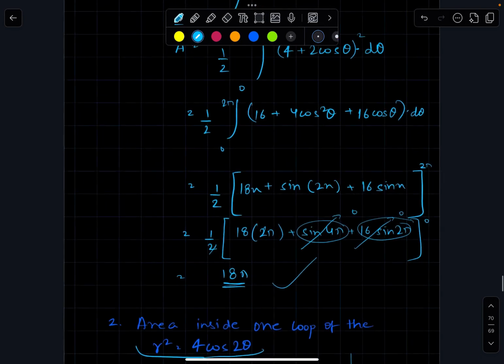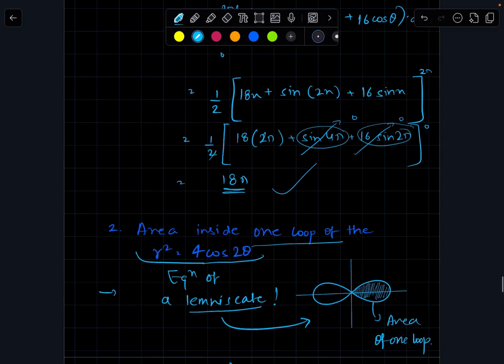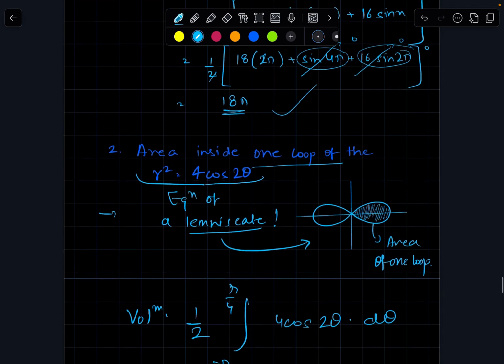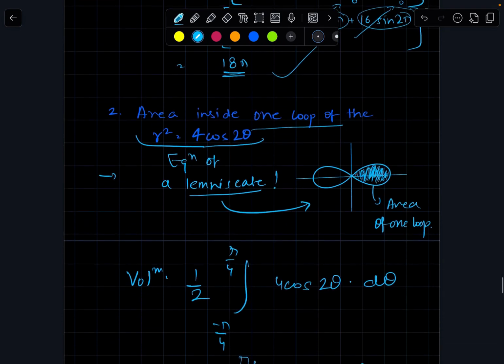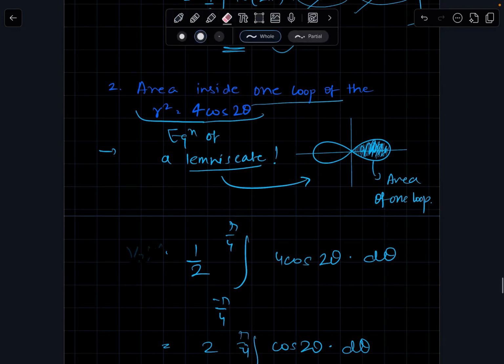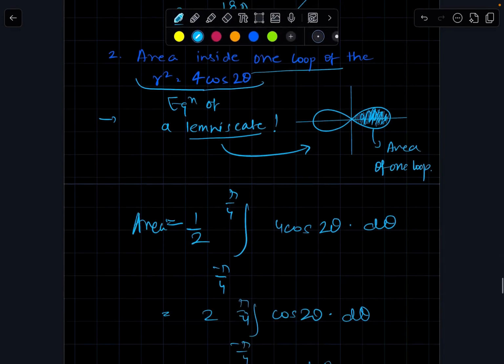Okay, now let's find the area inside one loop of r squared is equal to 4 cos 2 theta. Now, this is of course a lemniscate, and we need to find the area for just one of these loops. That's this area right here. So to find the area, we input all this into the equation, and this graph basically goes from minus pi by 4 to positive pi by 4.